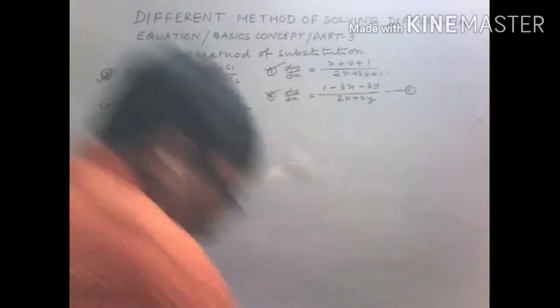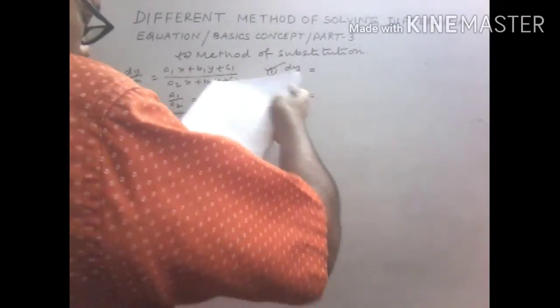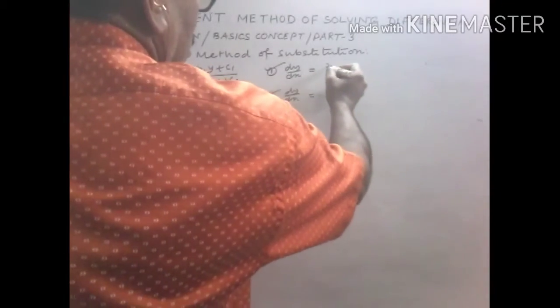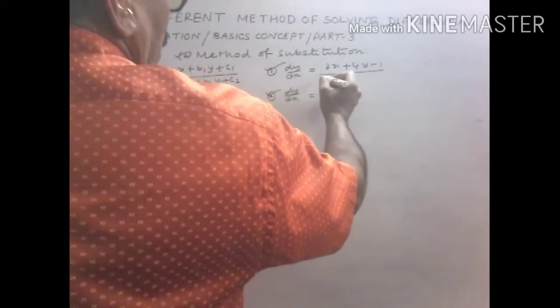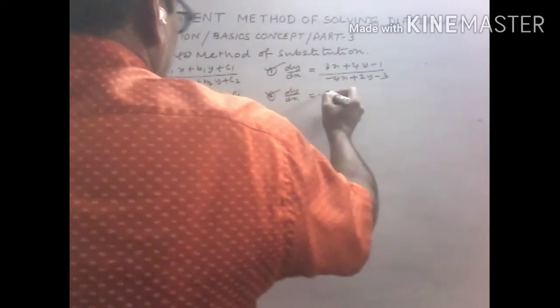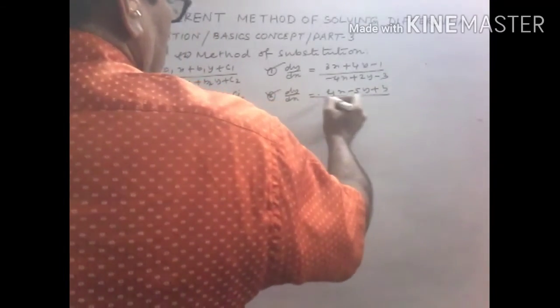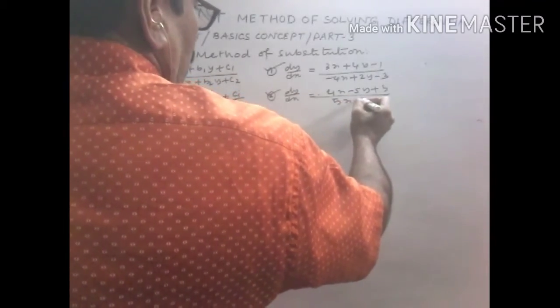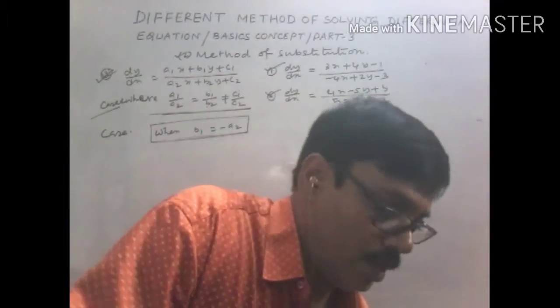So look, dy/dx equals (3x plus 4y minus 1) over (4x minus 5y plus 3), and (4x plus 2y minus 3) over (5x plus y minus 2).